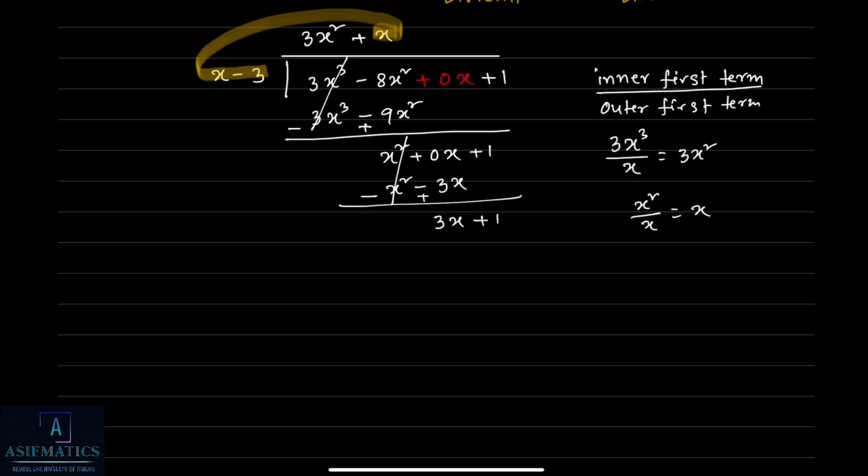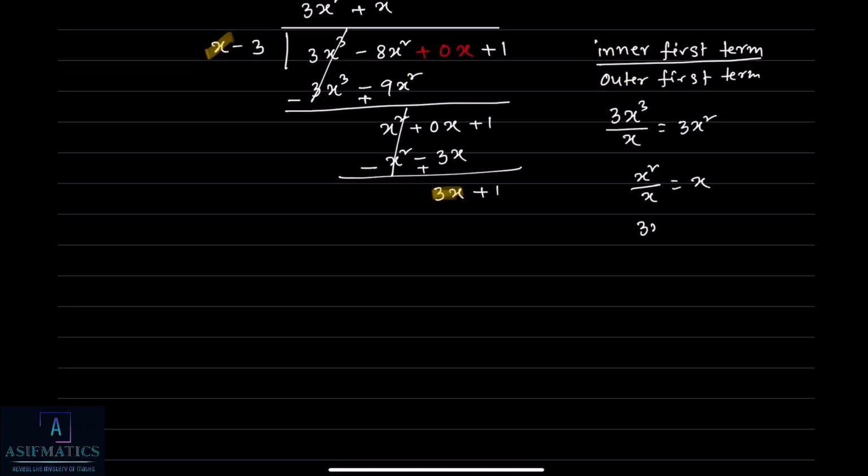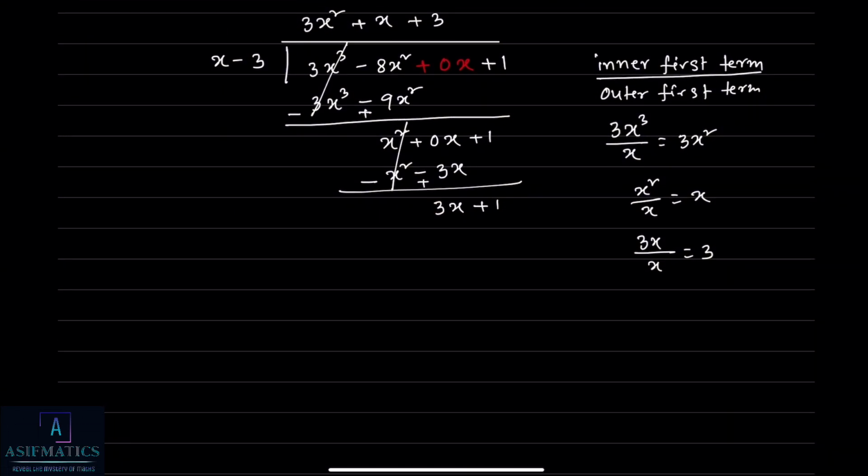Plus 1. So in the third case, again you will have inner first term divided by outer first term. So our quotient will be 3x by x, which is 3. So write it here 3, and then multiply your quotient, whatever you got, with the divisor.